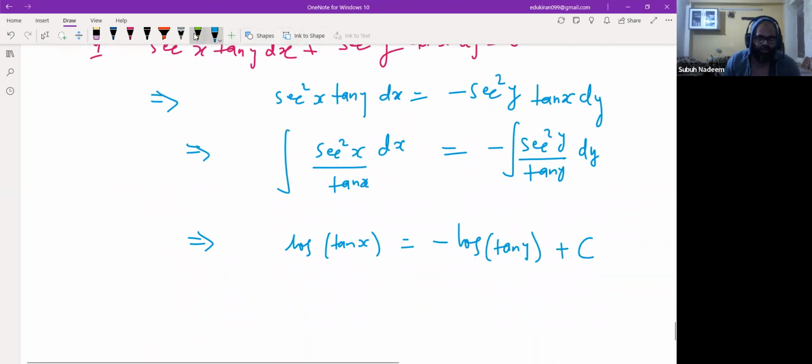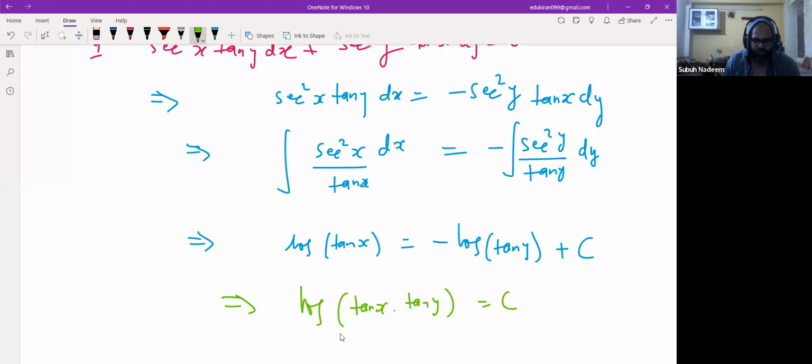Now let us take both on one side. So log of tan x into tan y, by the log property, is equal to c. So tan x into tan y is equal to e to the power c, and e to the power c is also c.